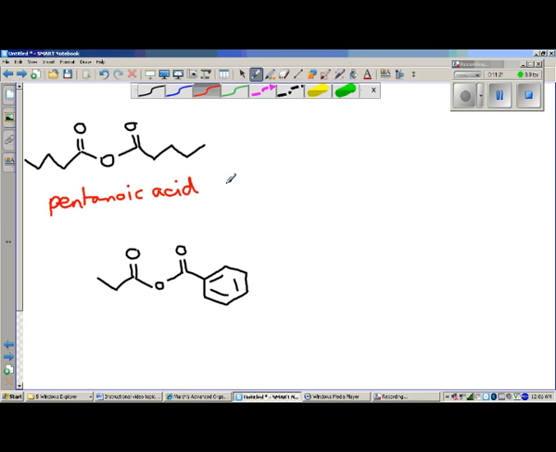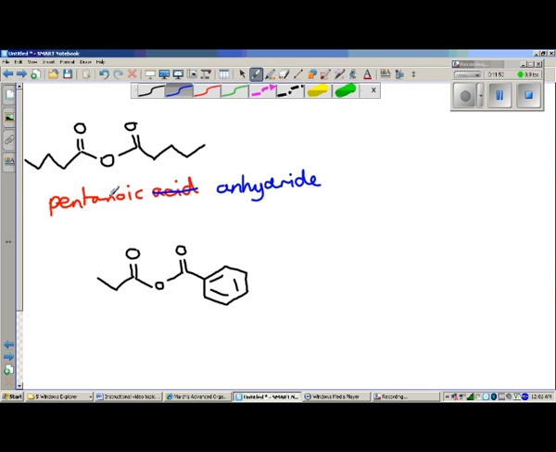Alright. And then if this is an anhydride, all you do is take out the word acid and replace it with the word anhydride. So you might wonder, don't I need di for the fact there are 2 of these pentanoic chains? Well, simply the use of the term anhydride implies you understand there are 2 of them. 1 carbon chain here, 1 carbon chain here.